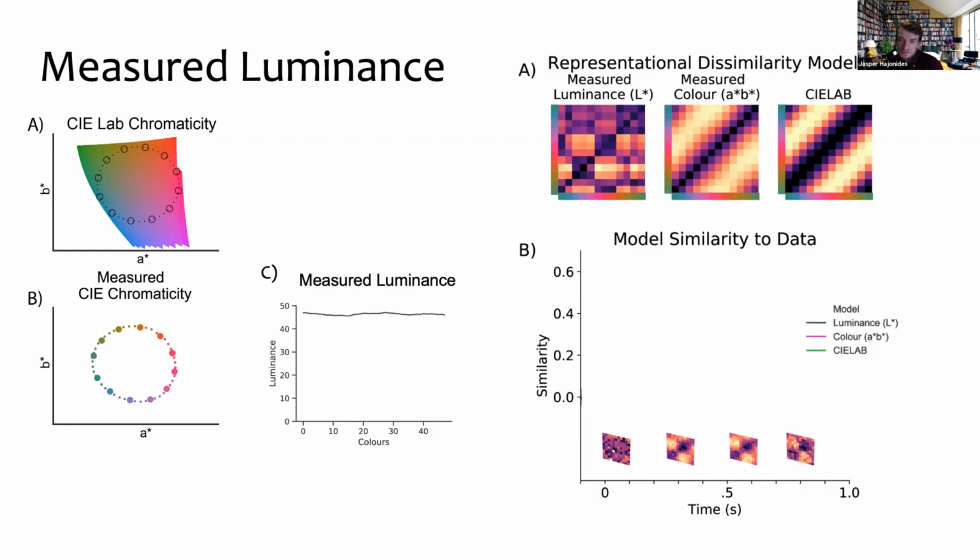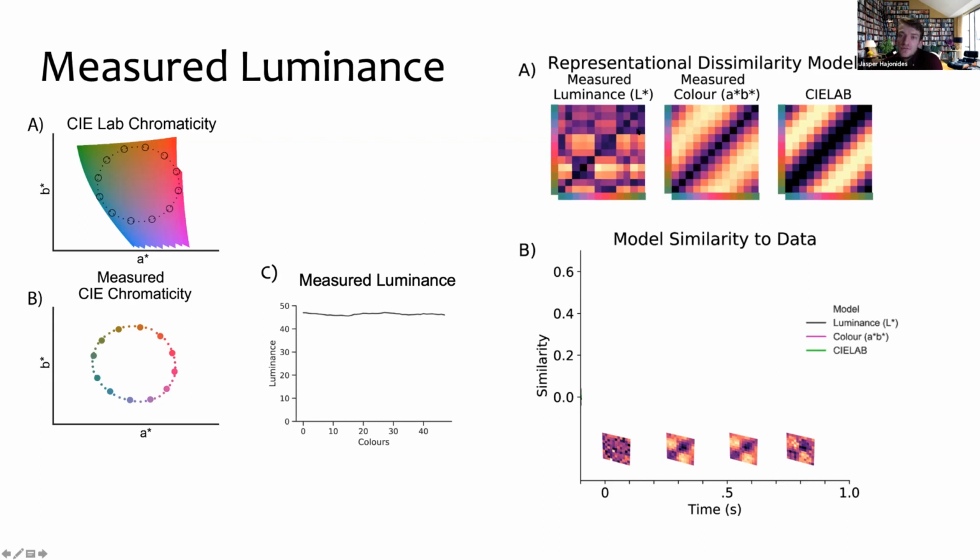So we put together these dissimilarity matrices. For example, the top left dissimilarity matrix indicates that the dark colors have very similar luminance, and the lighter colors have more dissimilar luminance.